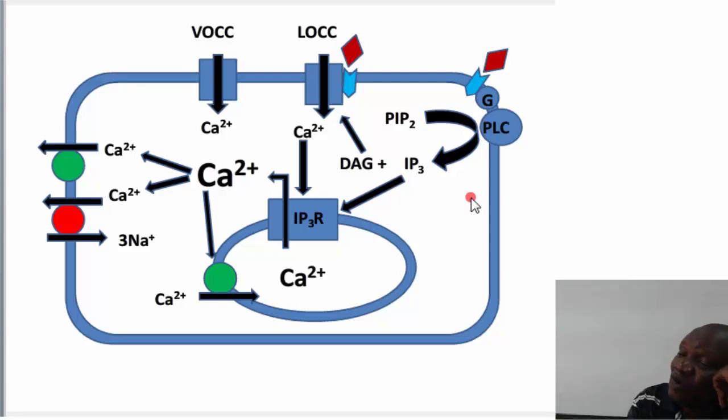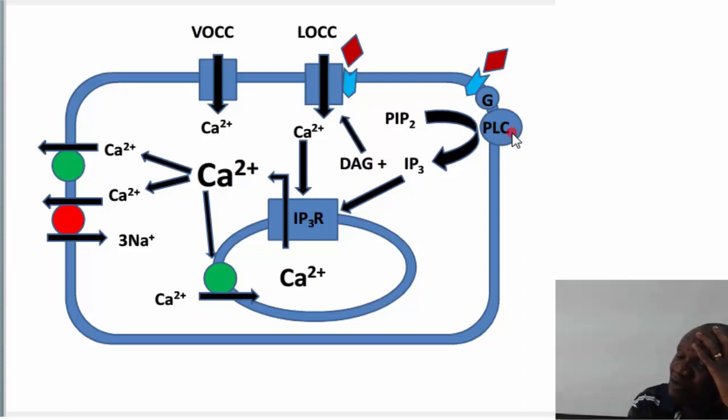Now, another way calcium can be mobilized is by using the IP3 pathway. Here, a substance will bind to a receptor. The receptor activates a G protein, which in turn activates phospholipase C, an enzyme.